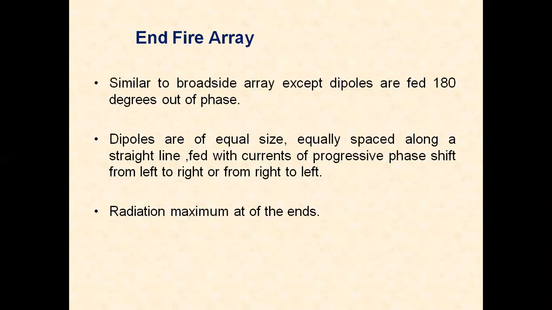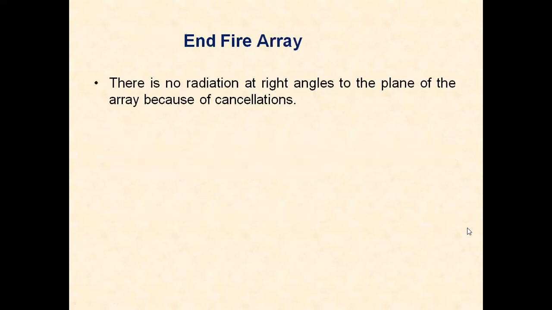Whereas in the broadside array, we are getting the radiation pattern perpendicular to the array axis. In some applications, we require the radiation pattern parallel to the array axis. If you make this type of end-fire arrangement, we get maximum radiation along the array axis. There is no radiation at right angles to the plane of the array because of the cancellations.